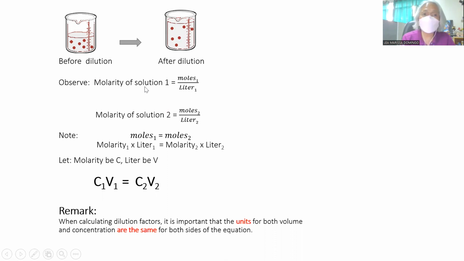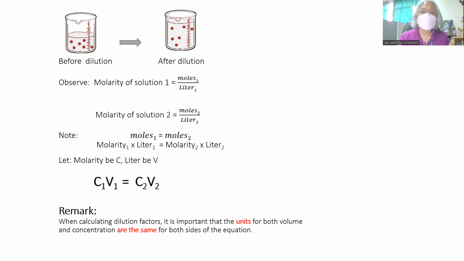Observe that the molarity of the first solution is equal to the number of moles of the solute in the first solution divided by the volume of the solution in liters. Similarly, the molarity of solution 2 is equal to the number of moles of solute in solution 2, which is the solution after dilution, divided by the volume of the solution in liters.